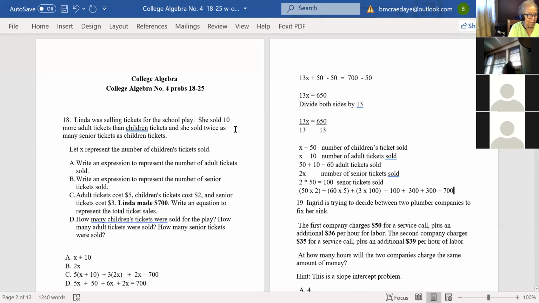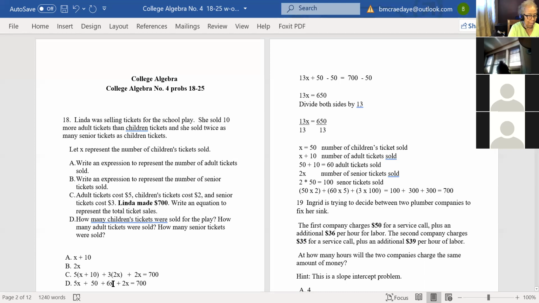Seniors is twice as much, so that's 2 times X. And then when you come to C, you take your prices and multiply them by the number of tickets: 5 times adult tickets, X plus 10, plus 3 times the seniors, 2X, plus the X for the children.